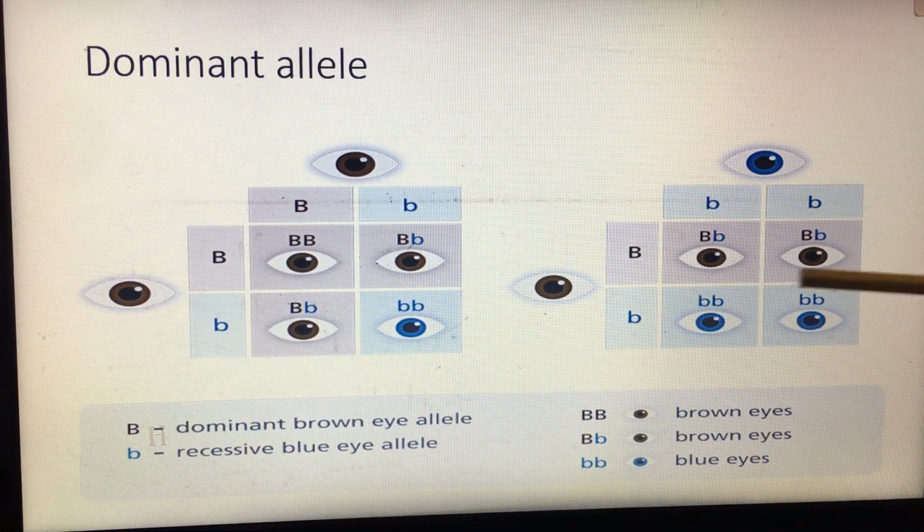B small with B small will produce blue eyes because both are recessive blue eye alleles, so it's not dominant. In the presence of the dominant, the color will appear as the dominant. So the dominant here is brown. So in any possible combination, if B capital appears, the color will be brown. Okay? So that's the meaning of the dominant.